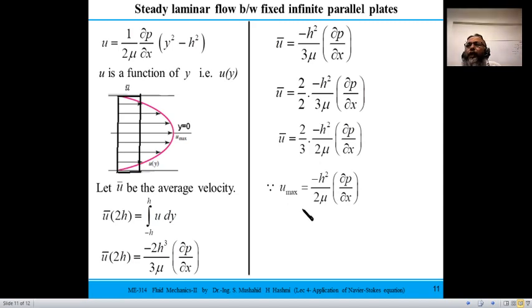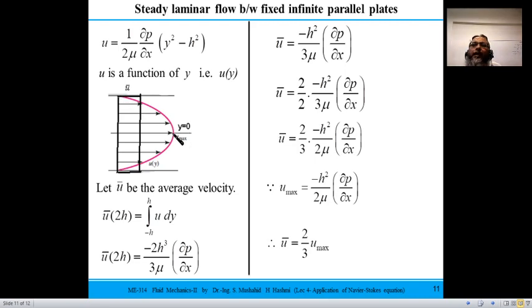So eventually we can say that your average velocity would be 2 upon 3 times of this factor. As we already know, when y is 0, minus h square, this term is actually called the maximum velocity. So we have a relationship between average velocity and maximum velocity.